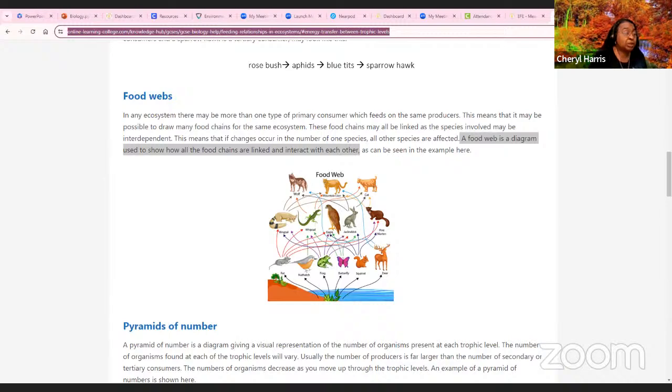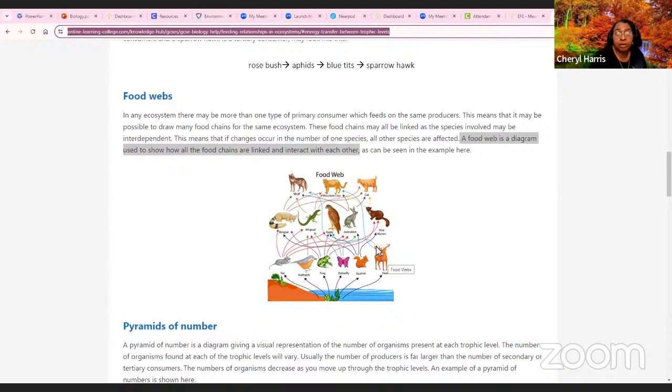So I'm gonna come back up here. All right, so we got a plant, we've got the deer, and you got to remember, you got to follow the arrow. So I'm going to start with yours, Jayla. You got the plant, and then you've got the deer, but now you need to figure out what arrow is going from the deer. And I see two blue arrows that go from the deer. One of them goes to the mountain lion. So that's what you have, deer, mountain lion.